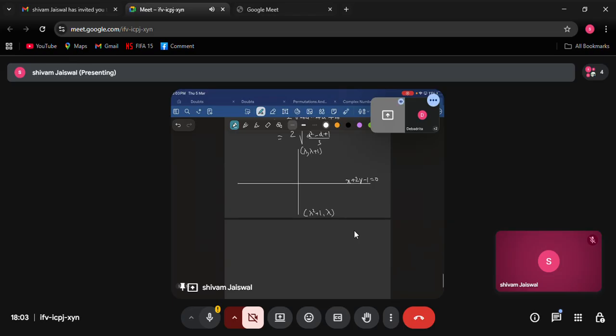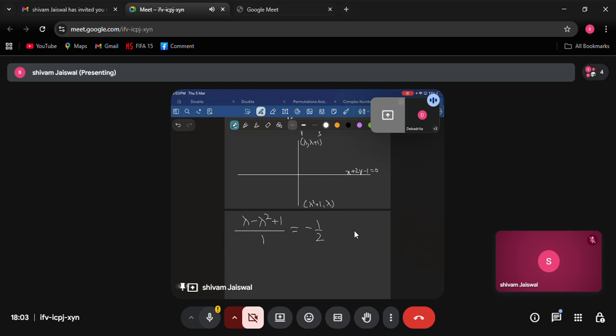First of all, the slope, lambda minus (lambda square plus 1) upon 1, must be equal to minus half.